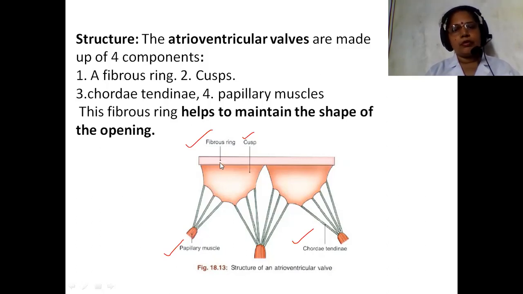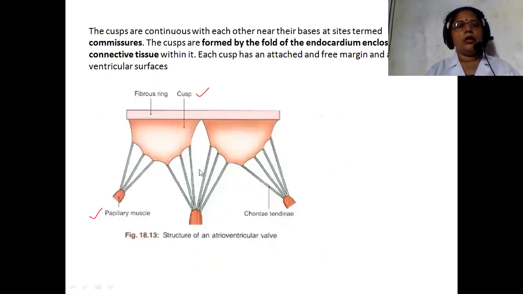See, this is the fibrous ring. This fibrous ring helps to maintain the shape of the opening. Next, the cusps. These are the two cusps here. These cusps are continuous with each other near their bases at the commissure part. These cusps are formed by a fold of endocardium or some connective tissue structure.